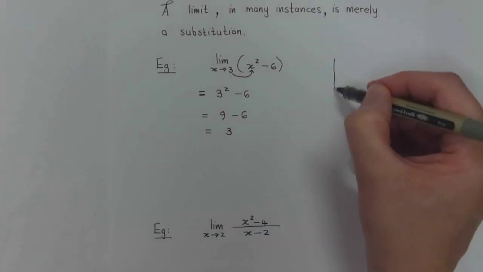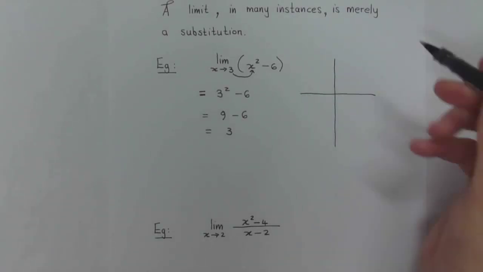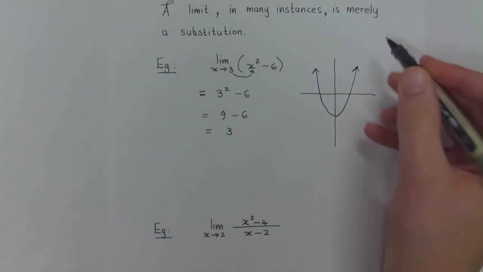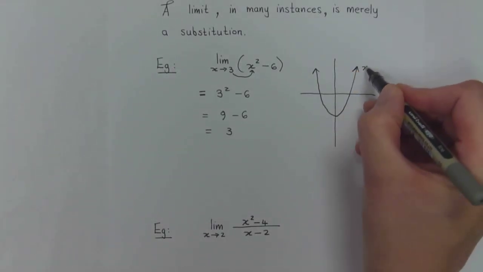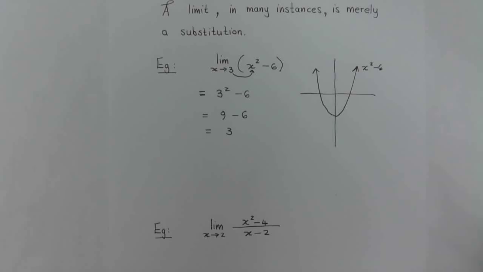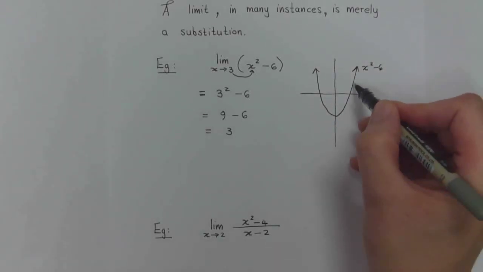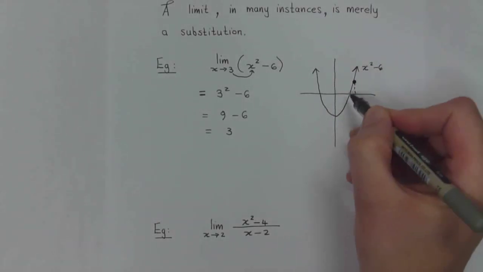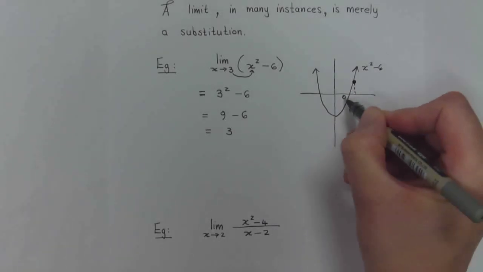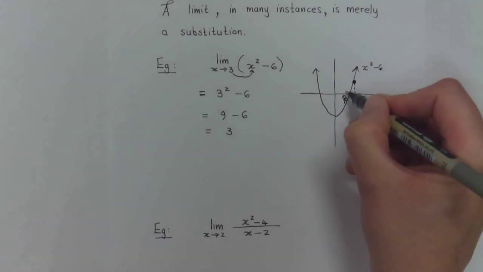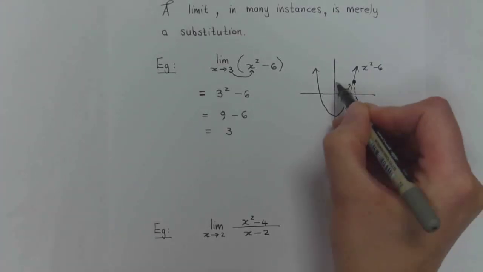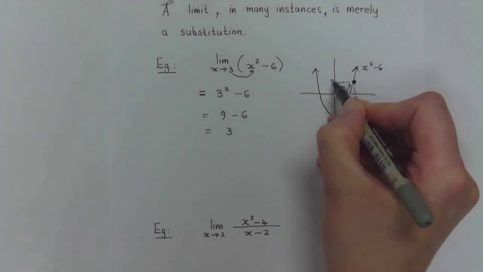Now, what does this actually mean? What it actually means is if I were to draw a parabola, specifically this parabola, and it doesn't have to be accurate, so this is the parabola x squared minus 6. Then, as I approach 3, so let's say for instance 3 is roundabout over here, I'm hoping that's correct. What we're saying is, if I were like a little man walking on this parabola, going towards the number 3, then over here, I'm going towards the number 3.